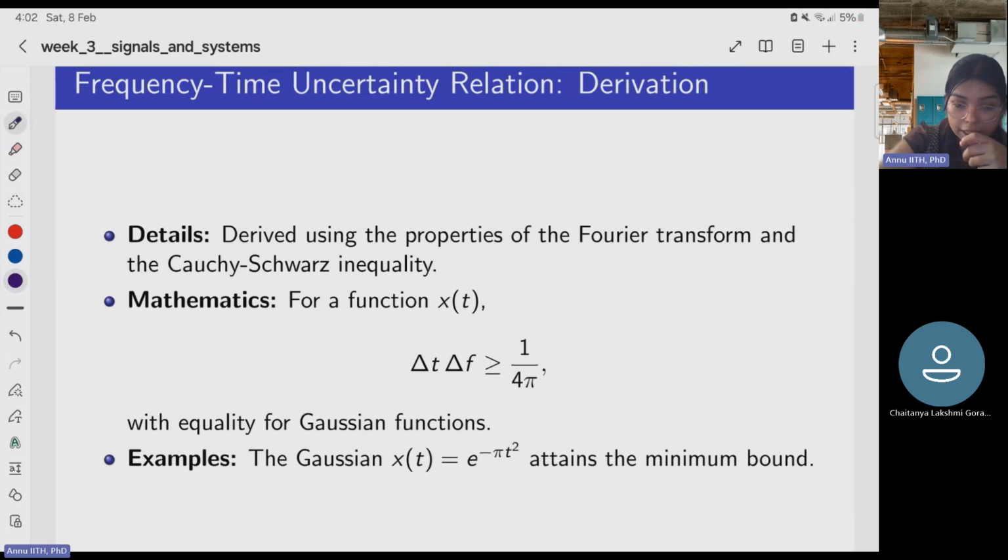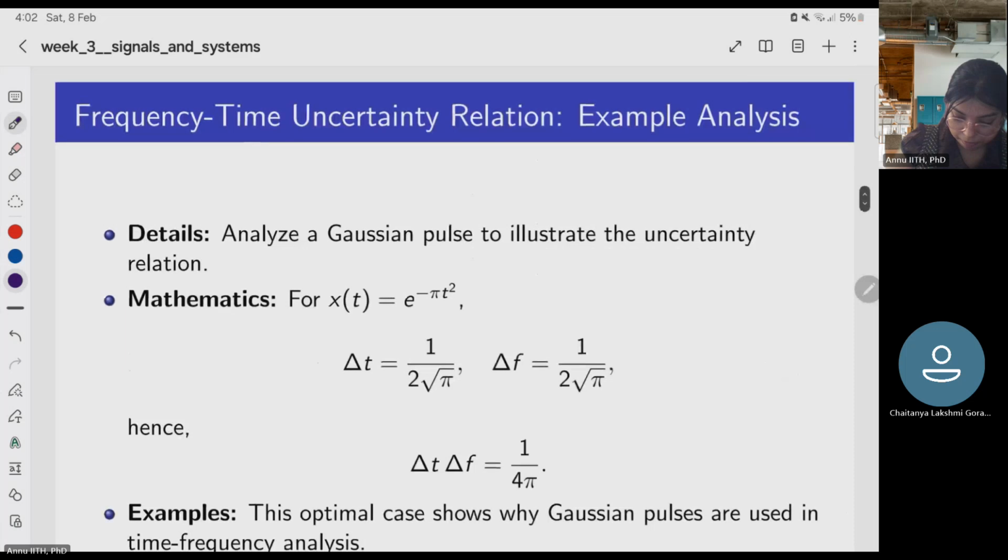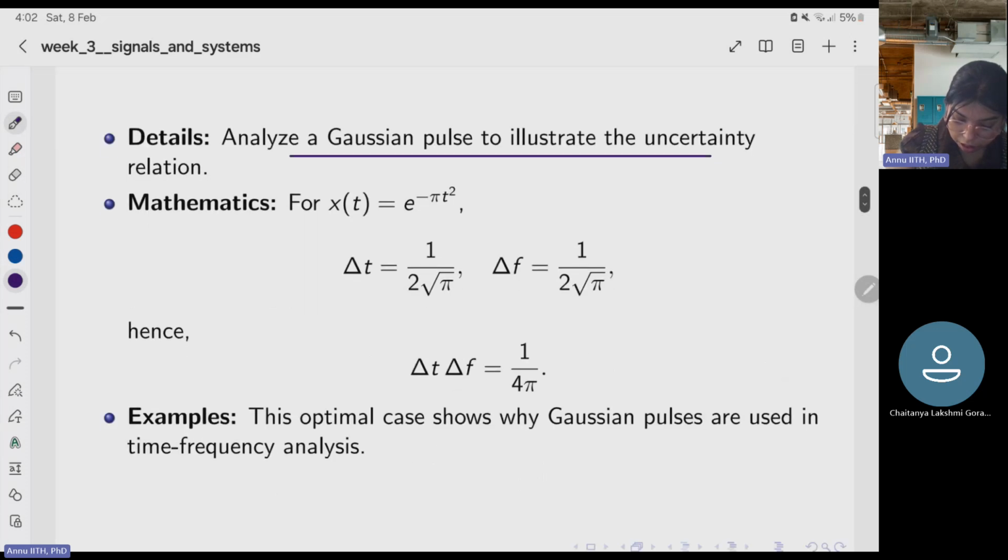So the function x(t), with equality for the Gaussian function, attains the minimum bound. Analyze a Gaussian pulse to illustrate the uncertainty equation. So del t is nothing but 1 upon 2 root pi, whereas del f is nothing but 1 upon 2 root pi, so it is giving this particular formula.